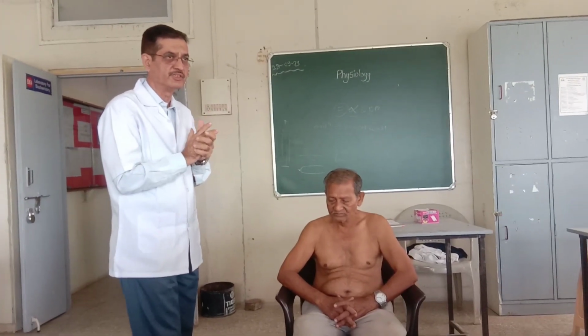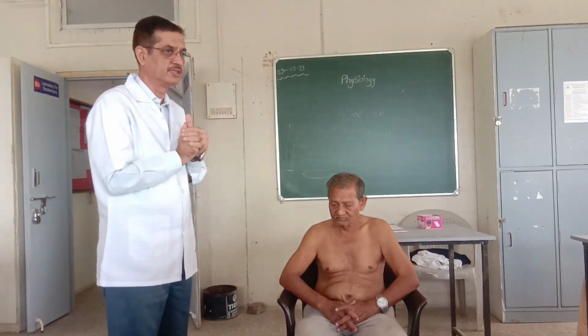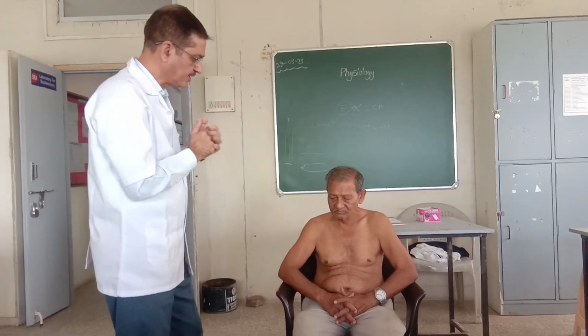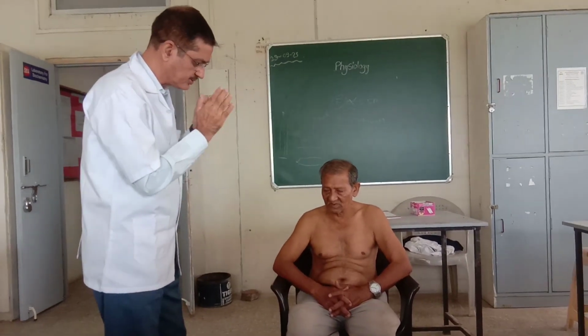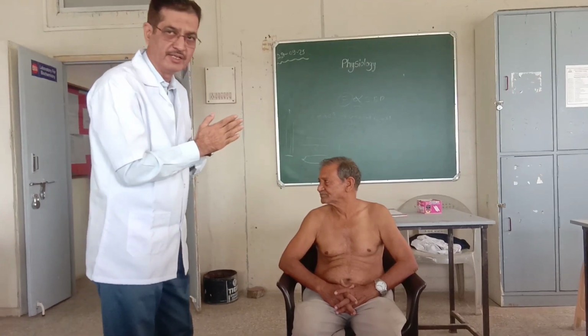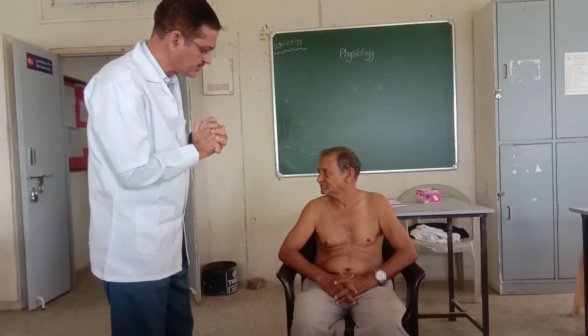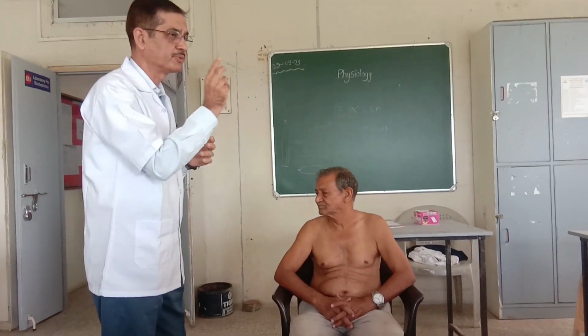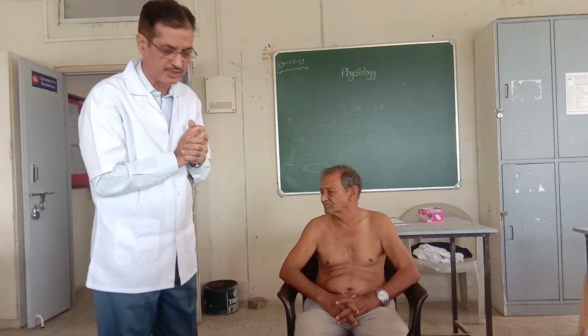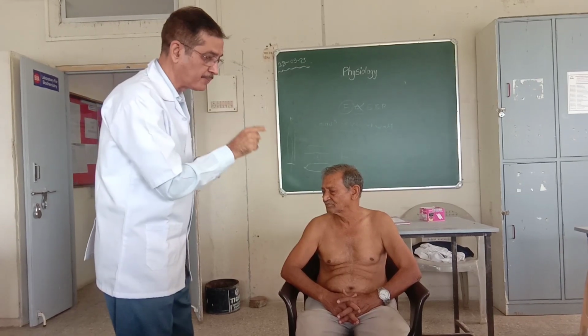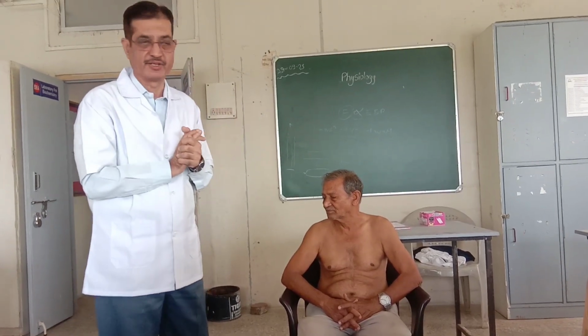Just now I told you inspection is just observation of the system. So I am going to inspect this particular region. I will focus totally on this particular part, precordial region. I will try to see if any bulging or projection is visible or not. I will try to see apex beat in inspection.